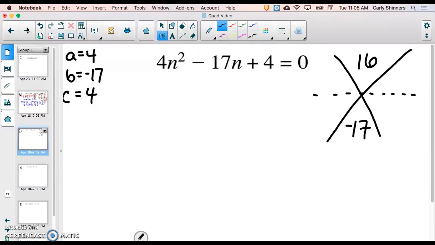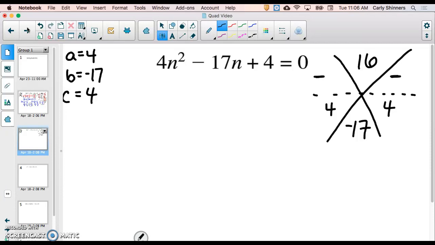So the only way to add two numbers and get a sum that's negative, but multiply to a positive number, that tells me they're both negative, right? A negative times a negative is a positive, and a negative plus a negative number would give you an even bigger negative number. So this looks like we're in pretty good shape so far.